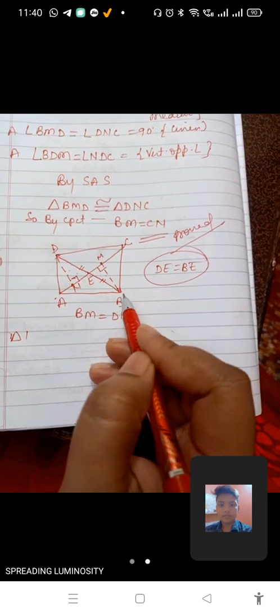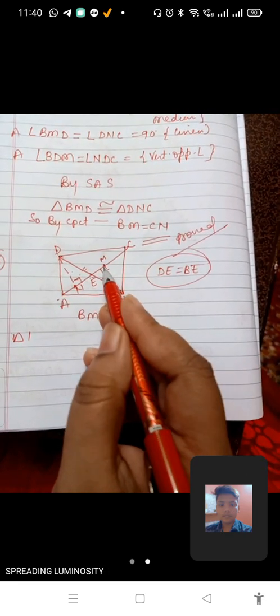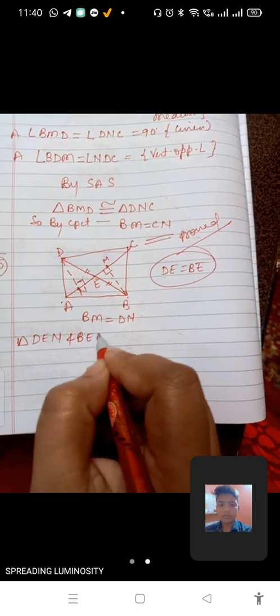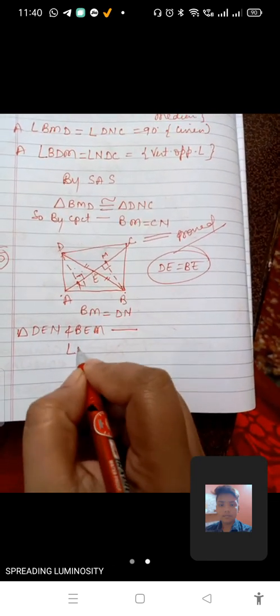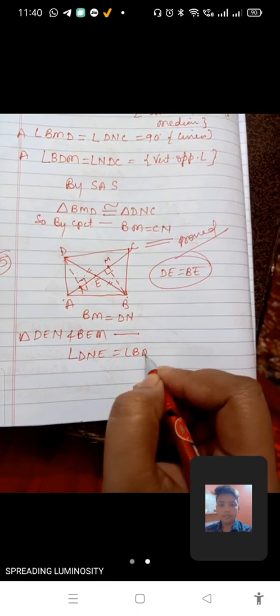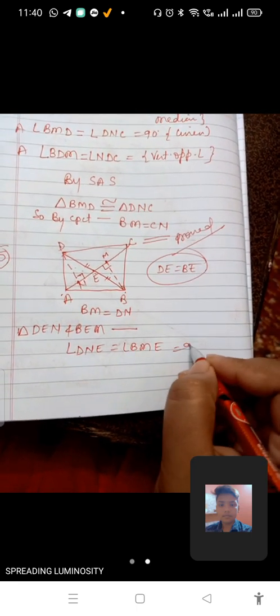How can we prove? Take these two triangles, because DE and BE make triangles with M and N. So take DEN and BEM. Angle DNE is equal to angle BME is equal to 90 degrees. It is given.